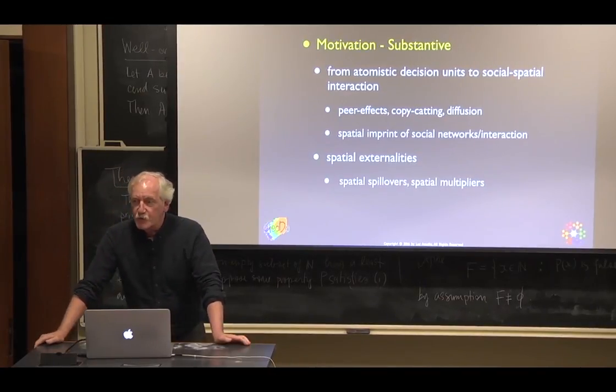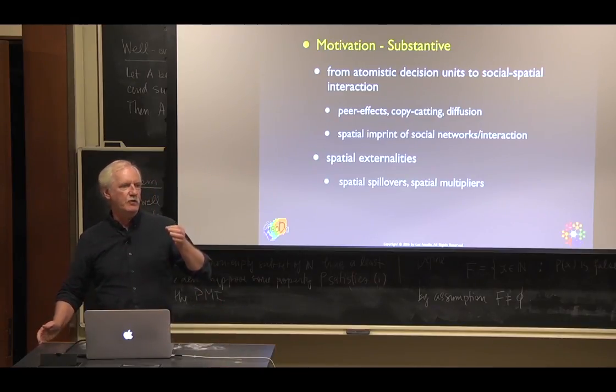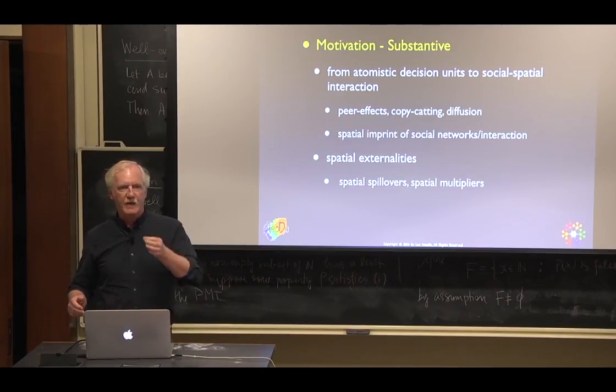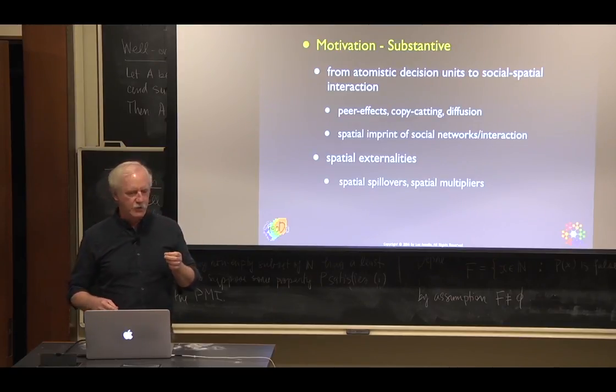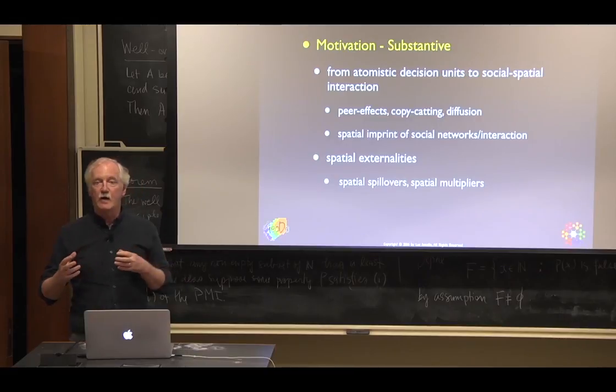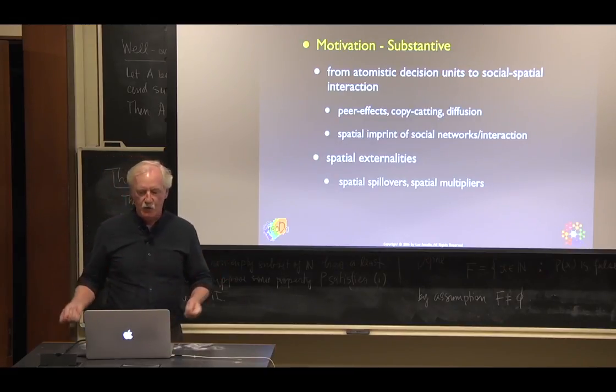From a substantive point of view, the main change in thinking in a lot of the social sciences is a switch from the individual person making individual decisions, maximizing utility and all that great stuff, towards taking into account the interaction between that individual and its surrounding context.